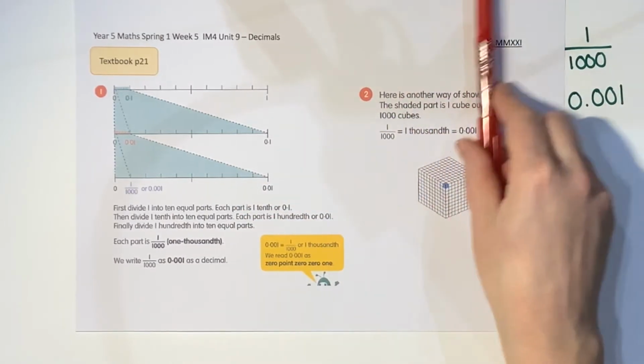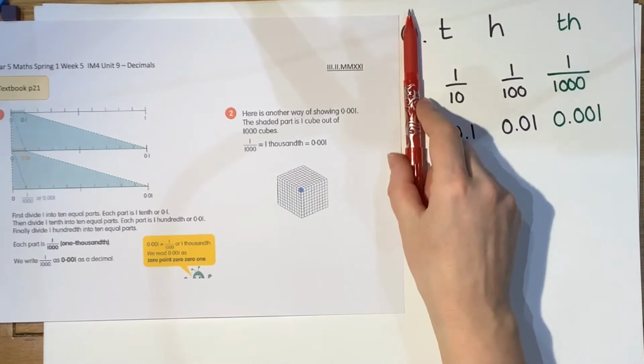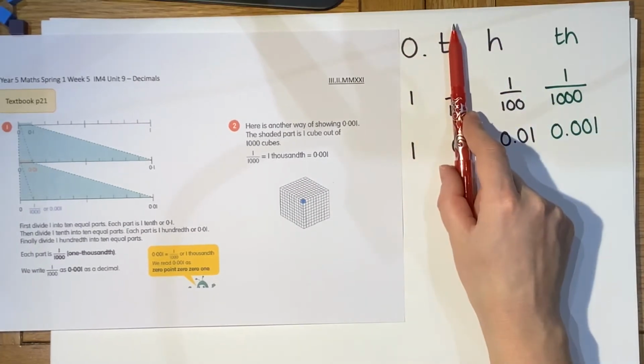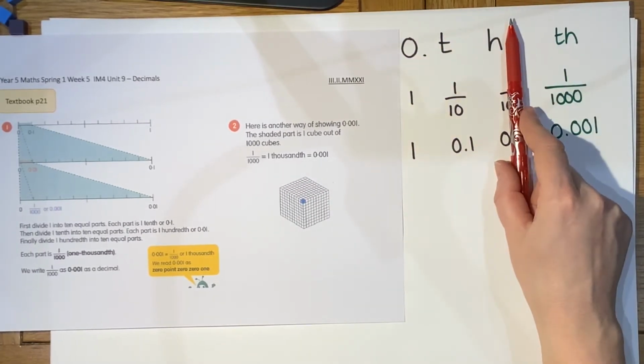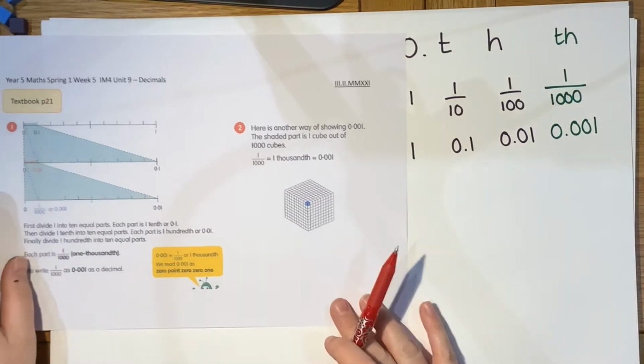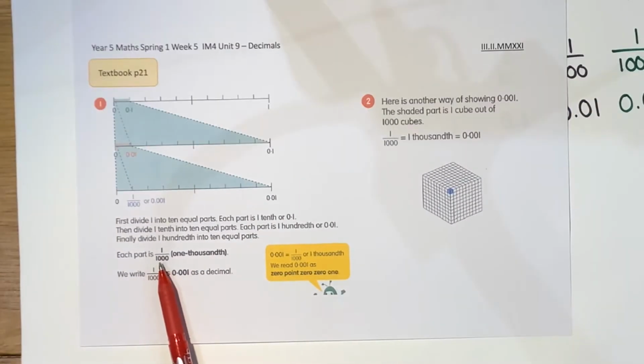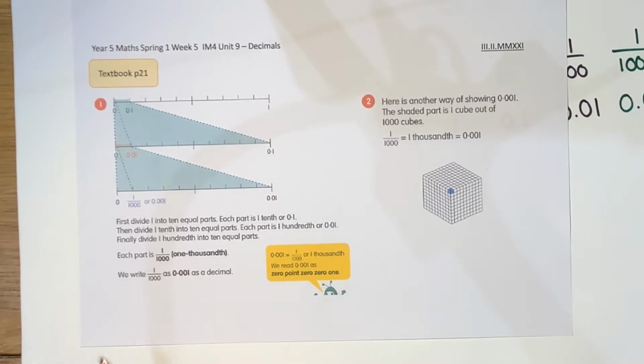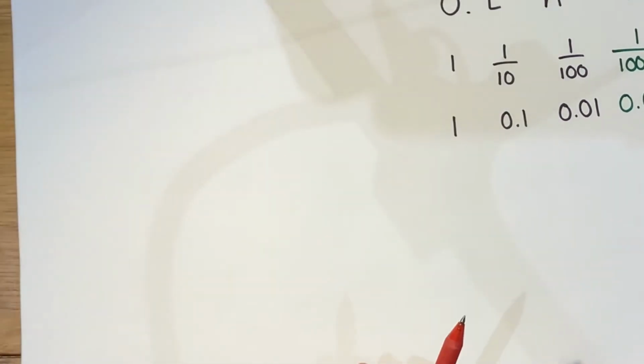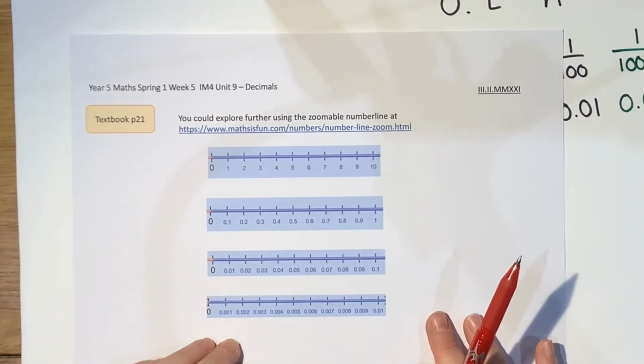Remember, that's what the columns in the place value grid mean. We take 1, we divide it by 10, we get a tenth, we divide it by 10, we get a hundredth, we divide it by 10, we get a thousandth, okay? So a thousandth looks like this, 1 part out of 1,000 equal parts, and we write it as 0.001.